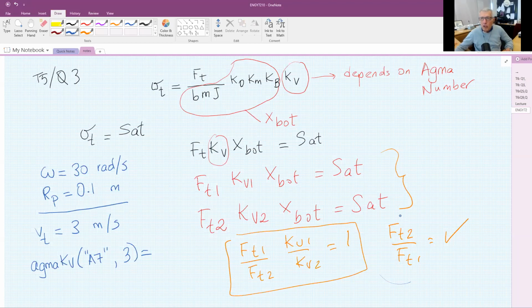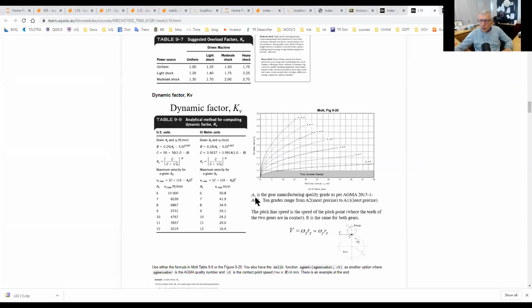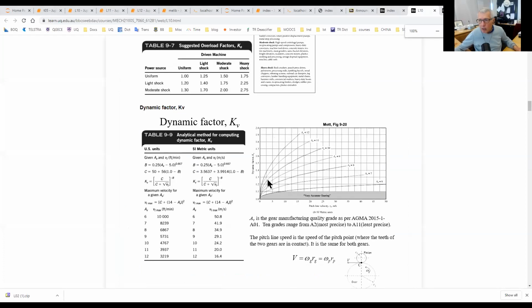You can either look it up from the table. If I go to new share, go back to this one. L10. This is KV. So you calculate the pitch line velocity, which was, what did we calculate for the first one? It was 3. So I'll make this a bit larger.